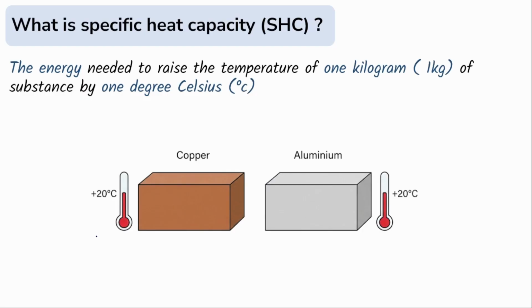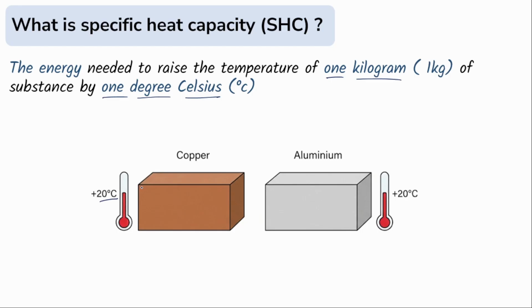Specific heat capacity is the energy needed to raise the temperature of 1 kilogram of substance by 1 degree Celsius. Here, both copper and aluminium are heated by 20 degrees.